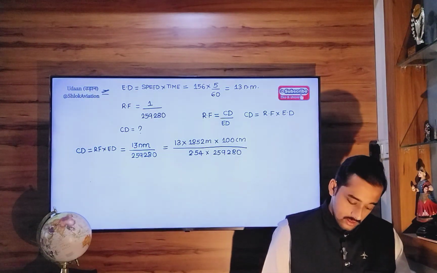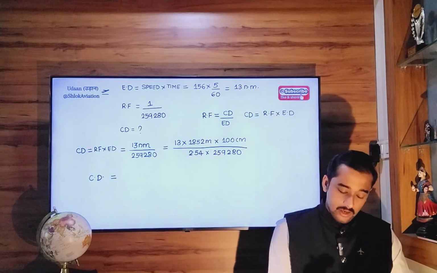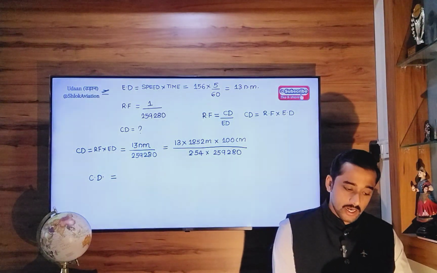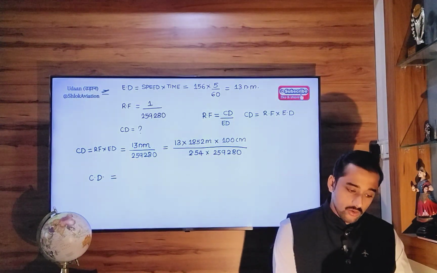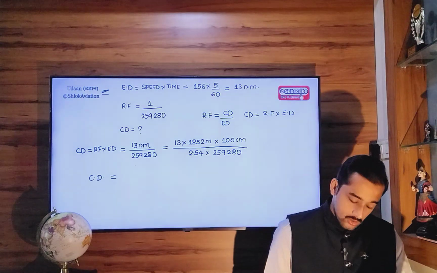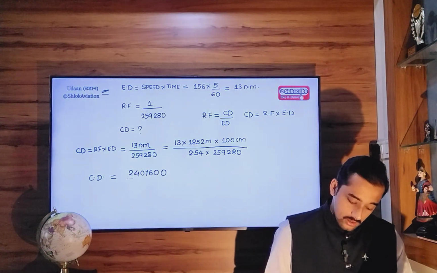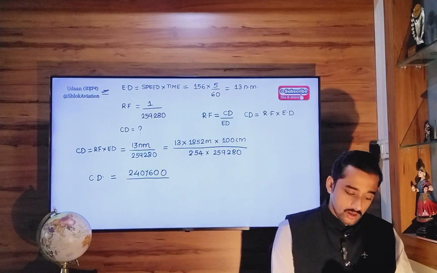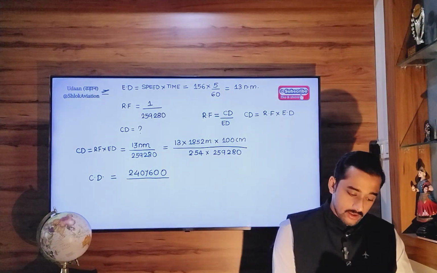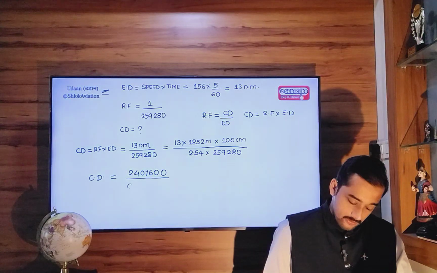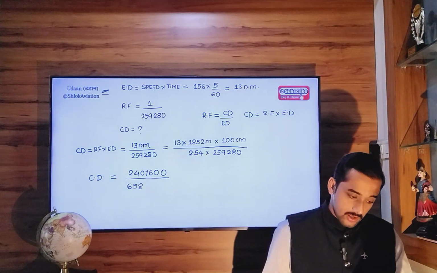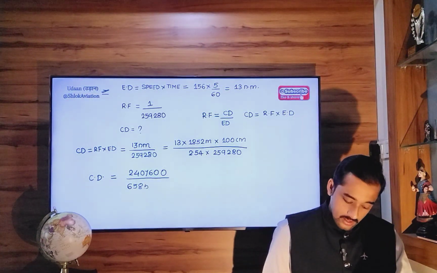259,280. So chart distance will be equal to, first calculate the numerator, 13 into 1852 into 100, which is 2407600. 2.54 into 259,280 is 658,571.